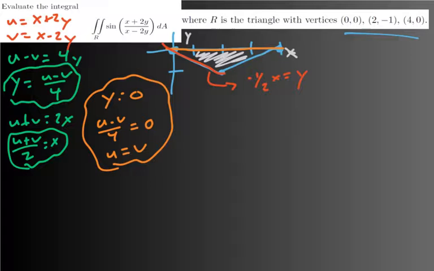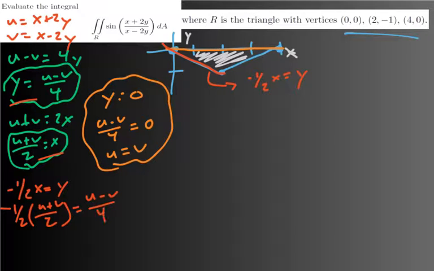And so when you're on that part, negative a half x equals y, just plugging in the x and the y here, it looks kind of messy, but I'll have negative a half x, which is u plus v over 2, equals u minus v over 4.